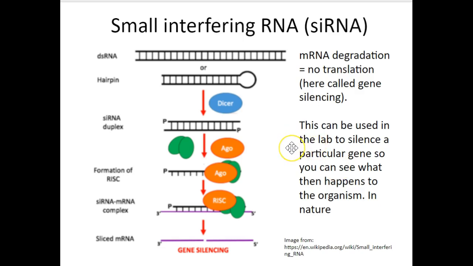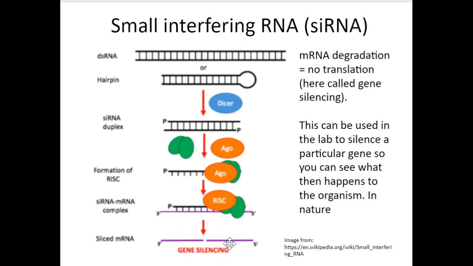They are also encoded in the genome, but what they do is they will target some messenger RNA in the same way as microRNA targets a specific messenger RNA sequence, and they'll actually chop up that messenger RNA. So they won't just base pair to it and sit there blocking translation. They'll actually chop up the messenger RNA.